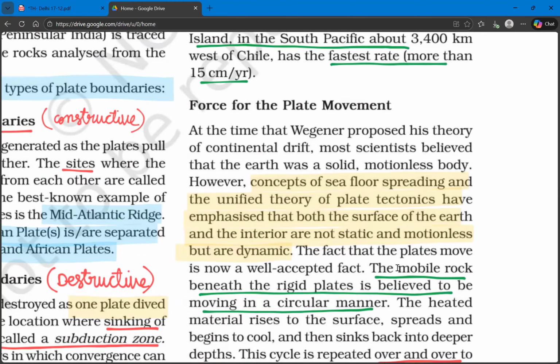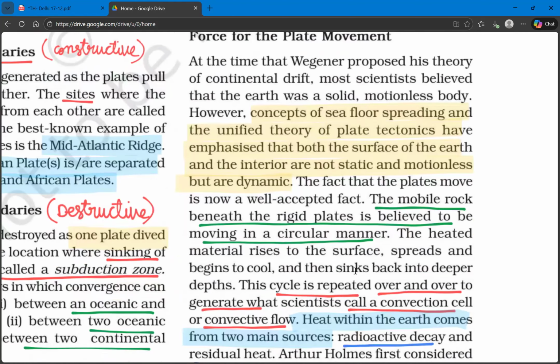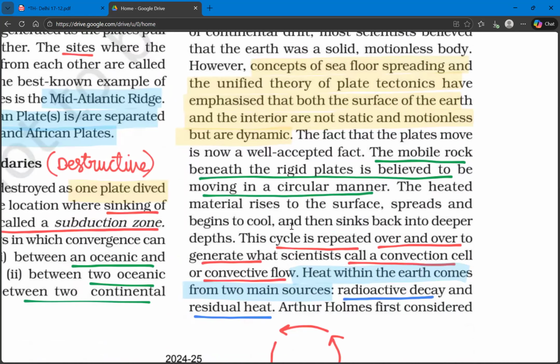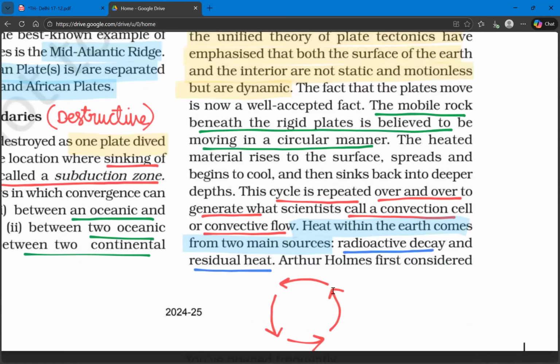The fact that the plates move is now a well accepted fact. The mobile rock beneath the rigid plates is believed to be moving in a circular manner. The heated material rises to the surface, and along the surface it spreads and begins to cool and then sinks back into deeper depths.